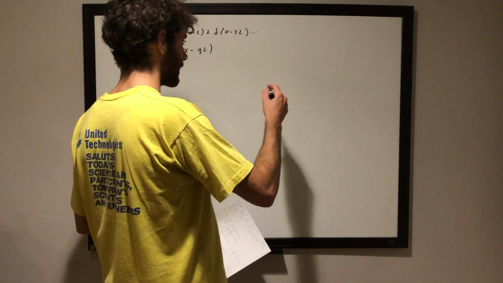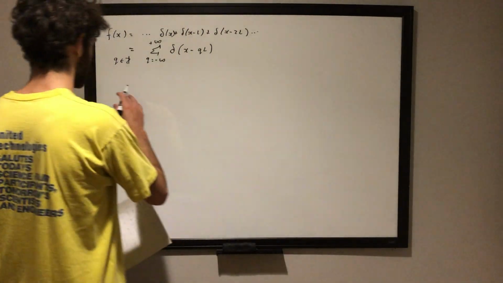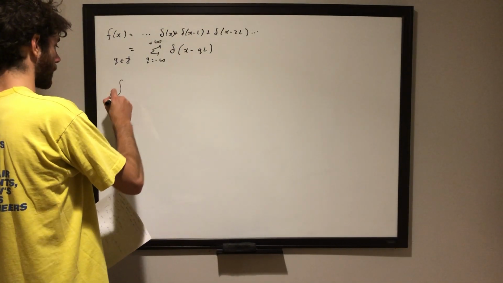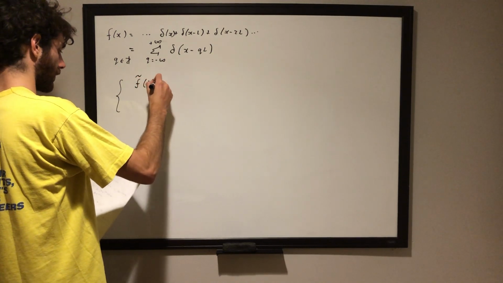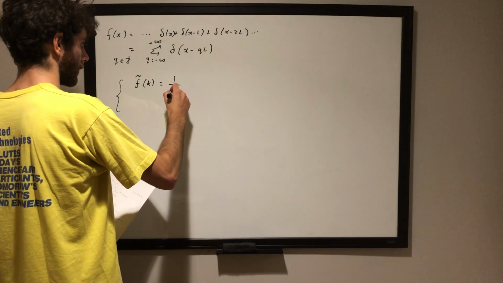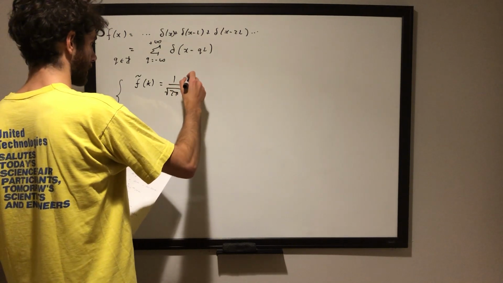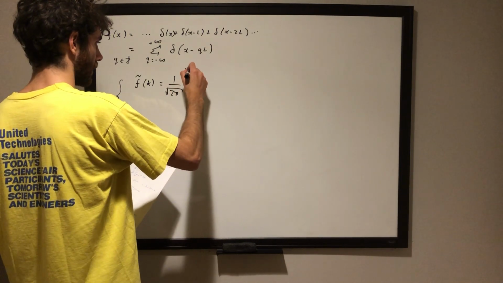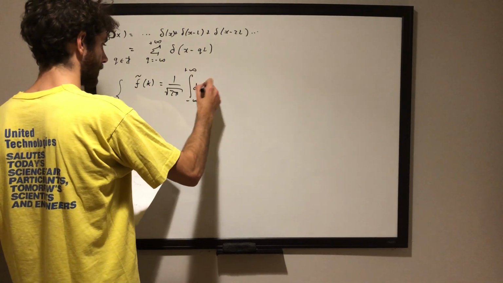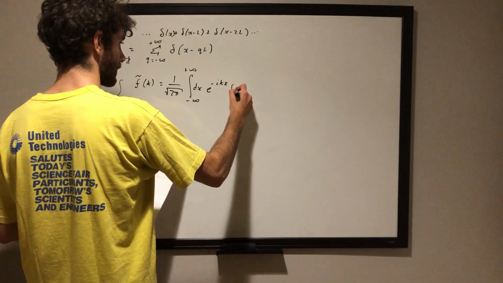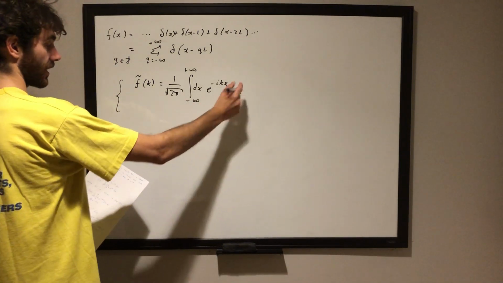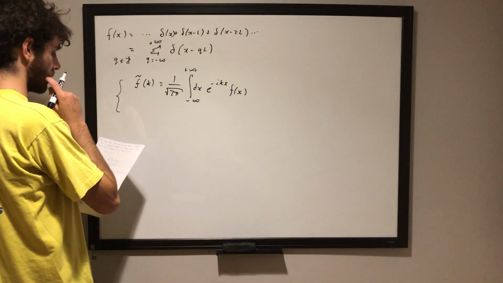So I started off by reminding you of the definitions of the Fourier transform. Remember, this is a pair of functions that are inverses of each other in some sense. The Fourier transform of a function f of x is given by this formula here, and this being the Fourier transform.